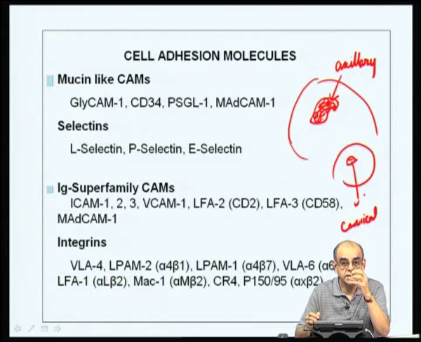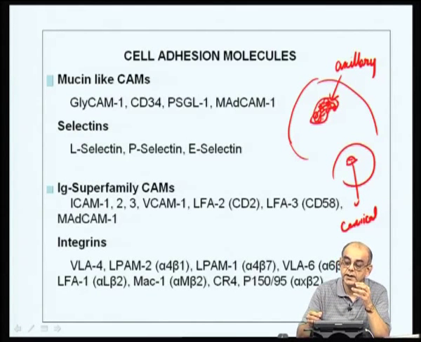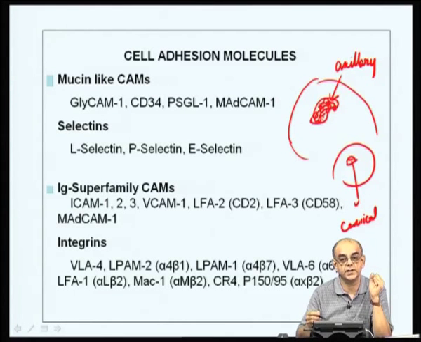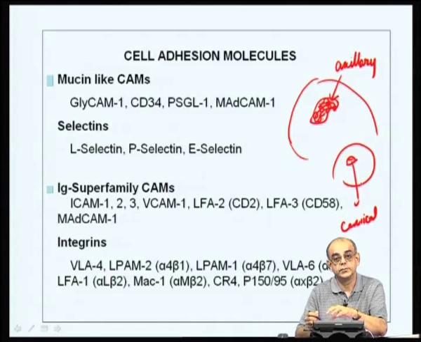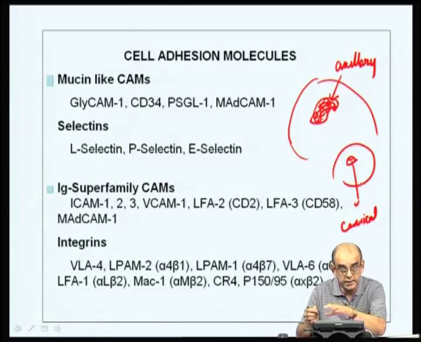So, they had receptors or molecules that would interact specifically with the high endothelial venule of the axillary lymph node cross sections and not the cervical lymph node. And yet others they demonstrated had the ability to stick to high endothelial venule cross sections in different kinds of lymph node.